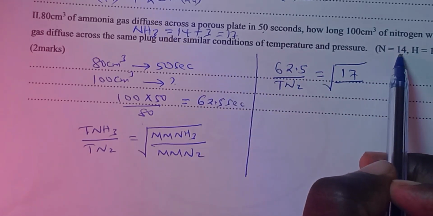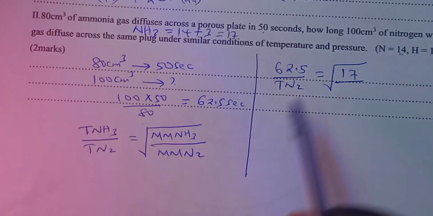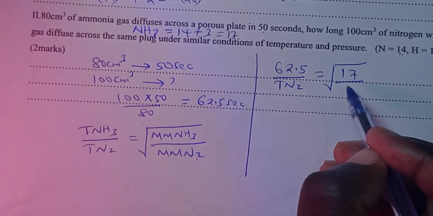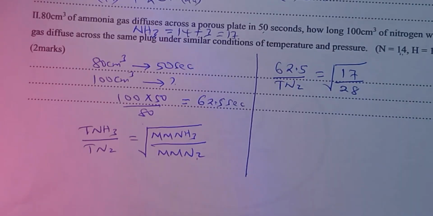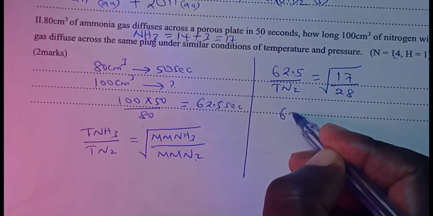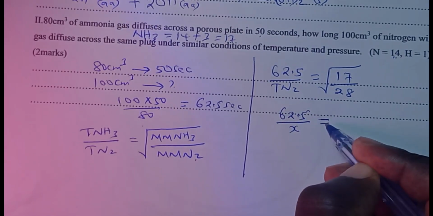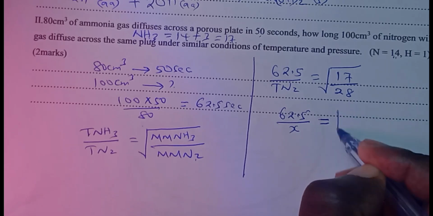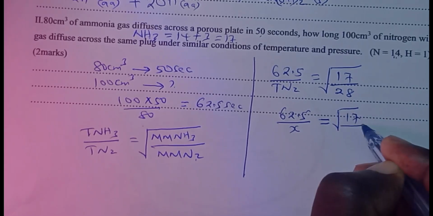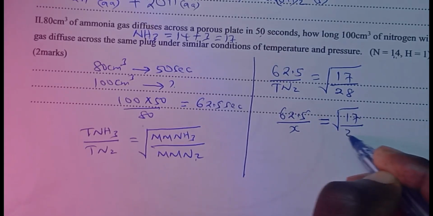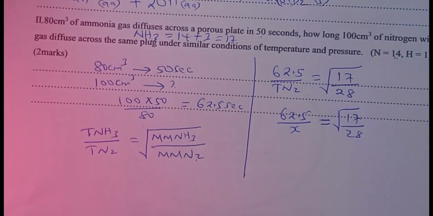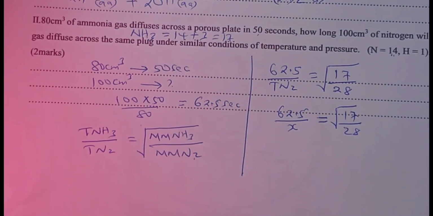Nitrogen atom has a RAM of 14, but we have 2 atoms, making 28. So 62.5 divided by x is equal to the square root of 17 divided by 28. From there we proceed and get the correct answer.